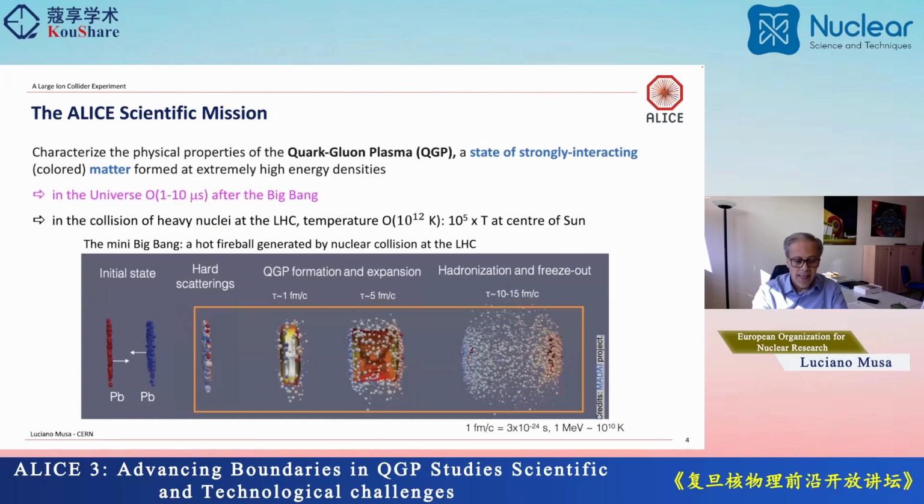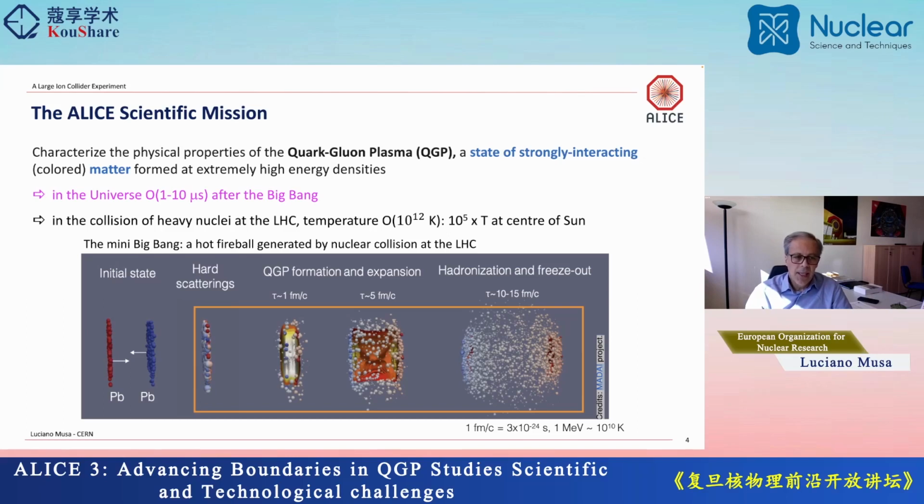All right, the scientific mission of ALICE is to characterize the physical properties of this state of matter, which is conjectured to have existed in the first instants of the Big Bang, based on considerations of the temperature evolution of the universe.